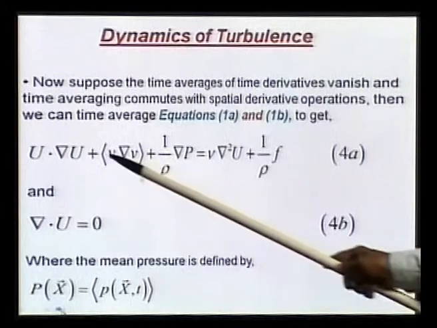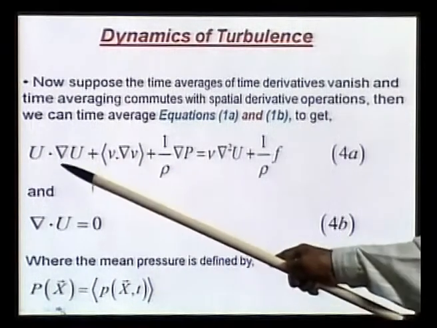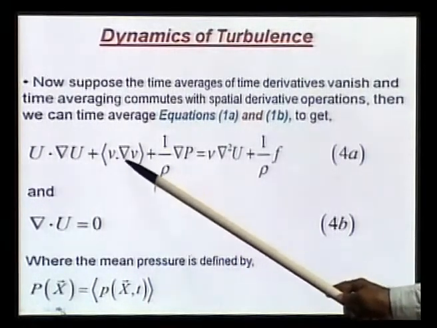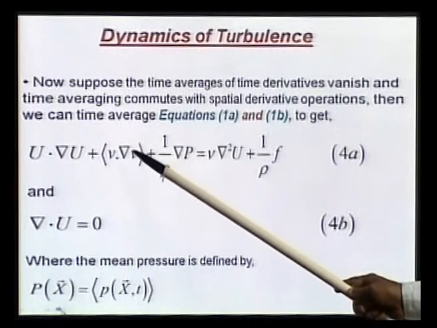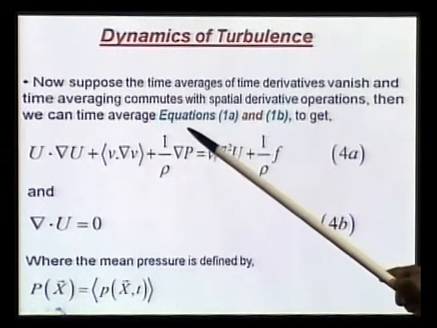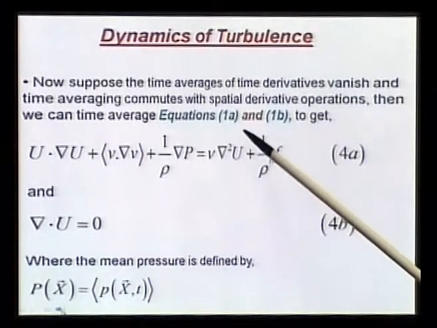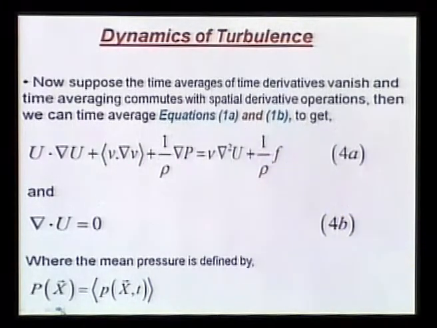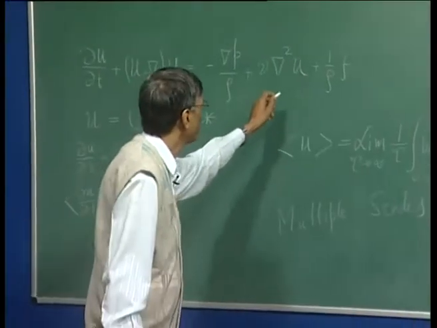So, the convection term has given us two terms, one directly coming from the mean, another coming totally from the fluctuation. This is the mean pressure term, and this is the term that we are going to get from the viscous term, this term, right.